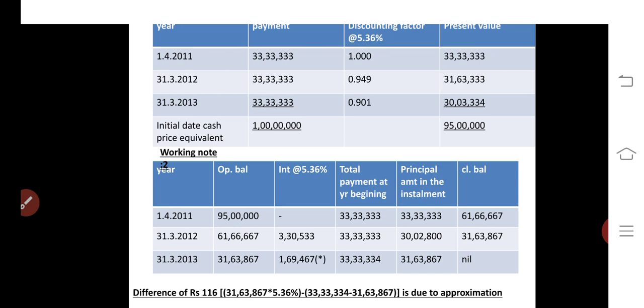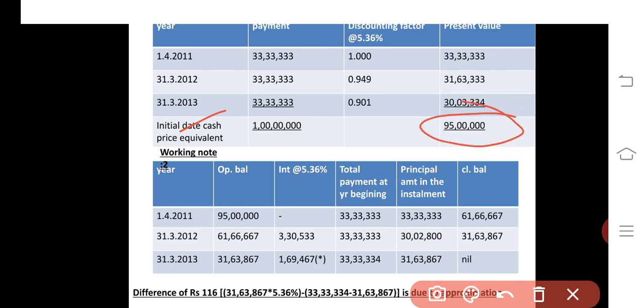So here the initial date cash price equivalent is 95 lakhs. This is a calculation of cash price equivalent at initial recognition. I hope this one is clear, right?